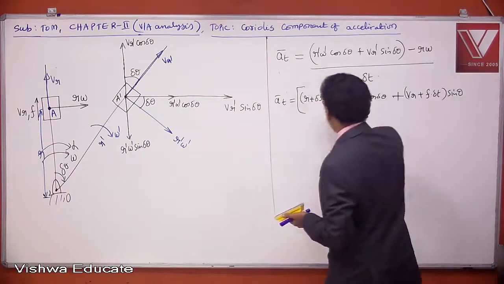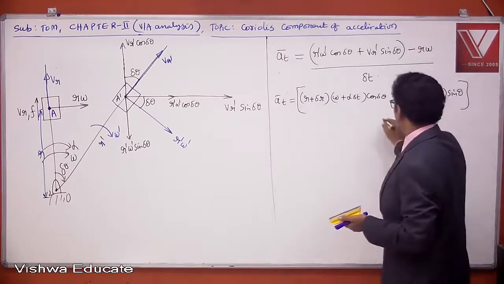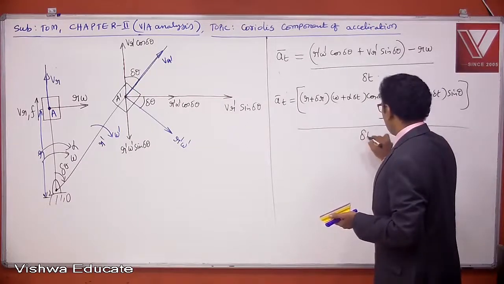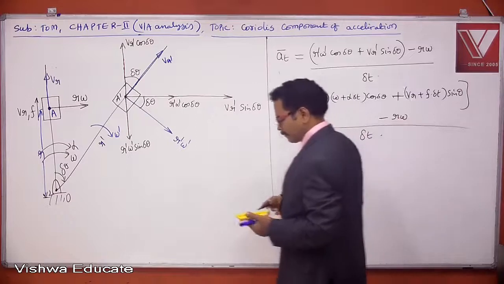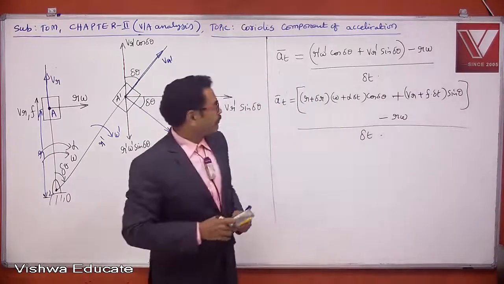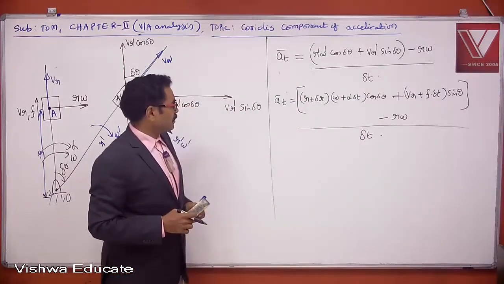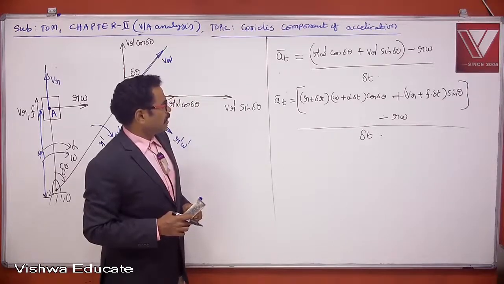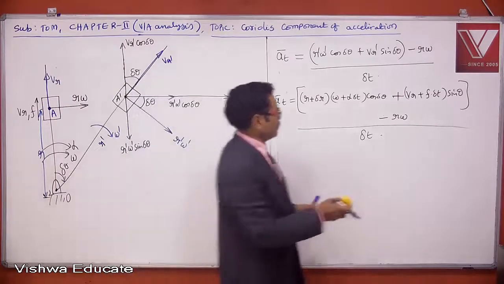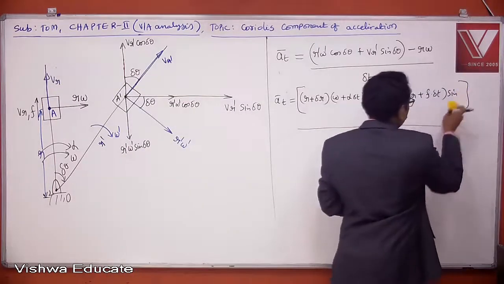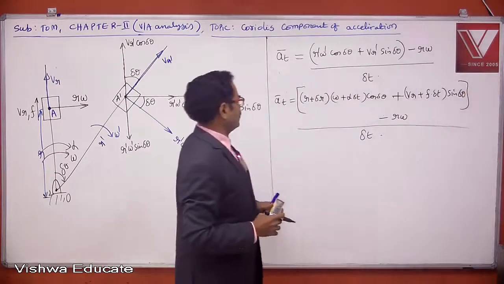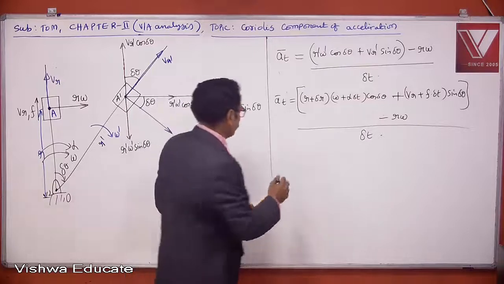So this is the final component minus r omega, all divided by delta t. Okay, so r dash is r plus delta r, omega dash is omega plus alpha delta t, VR dash is VR plus f into delta t, into sin delta theta. If you simplify this, you get something like this.